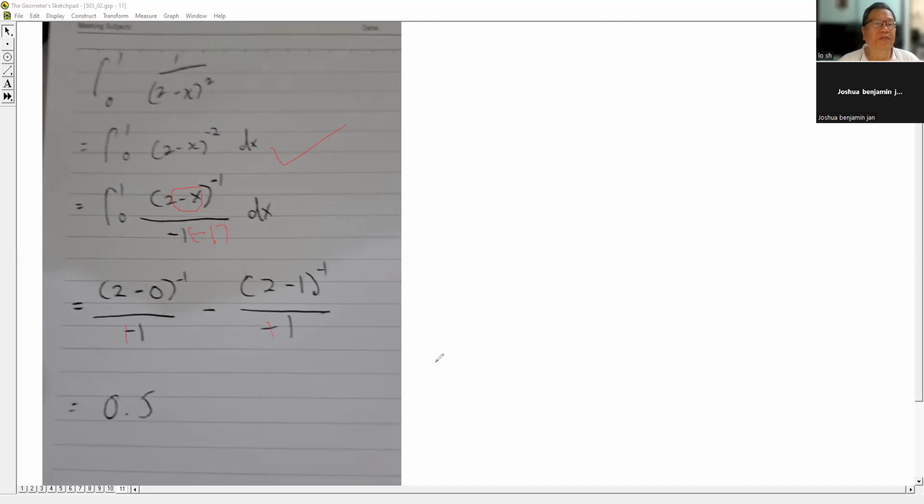Then another thing is you always take the upper limit minus the lower limit. So it should be 1 here and 0 here. So you may ask me whether you can put the 1 in front and 0 at the back, or put the 0 in front and the 1 at the back.